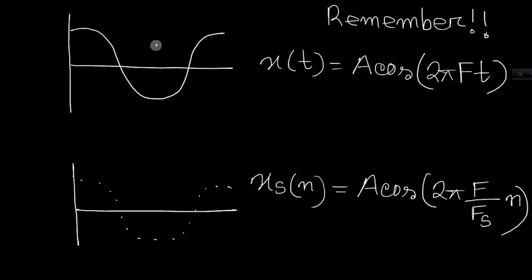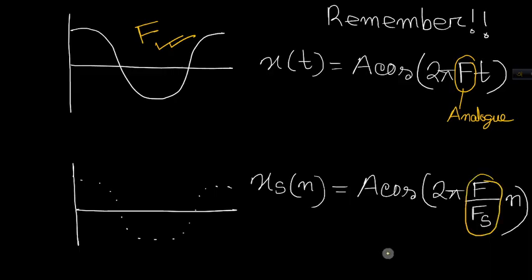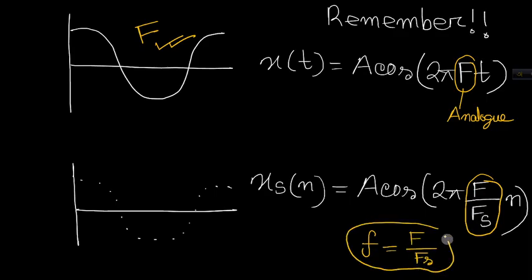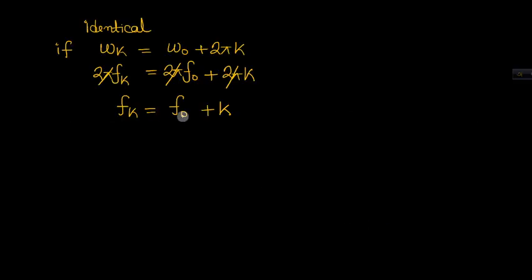We have an analog signal and capital F is called the analog frequency, right? That means this is the frequency of the main signal, and our sample signal frequency is f divided by fs. It's also called small f, which is f divided by fs. So we have to write f divided by fs here.